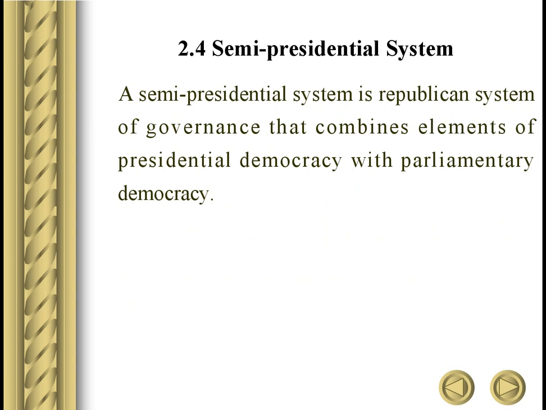Typically, an agreement is reached between the two heads, of state and government, over who takes the lead in which policy areas. For example, in France, a well-known example of semi-presidential democracy, the president leads foreign policy and the prime minister leads domestic policy.